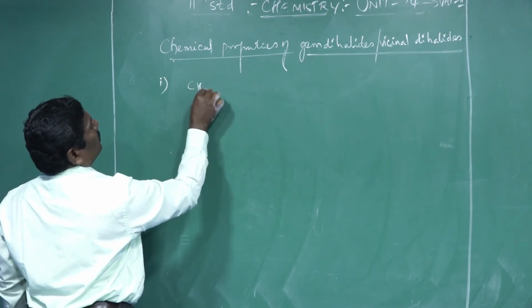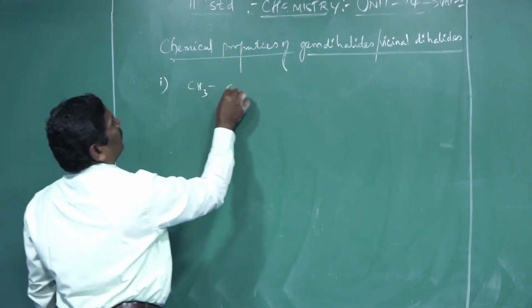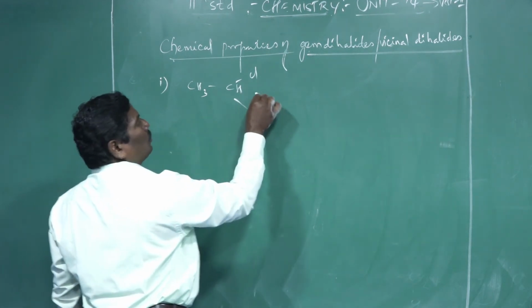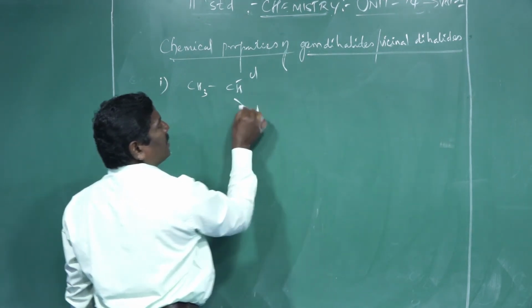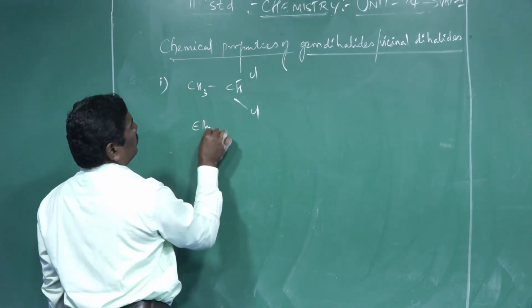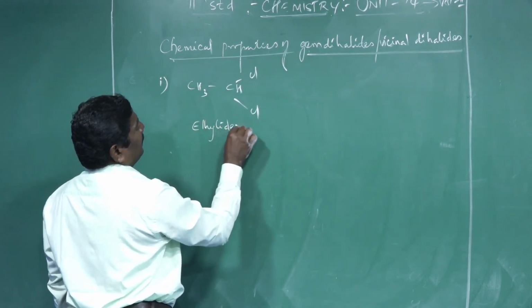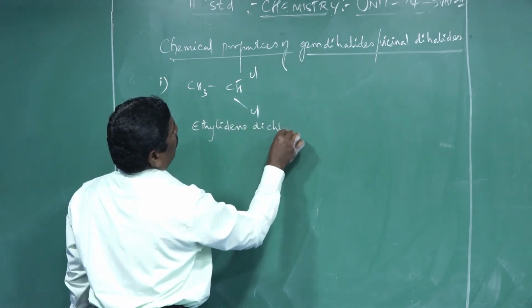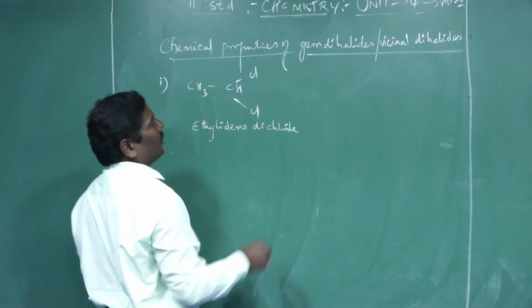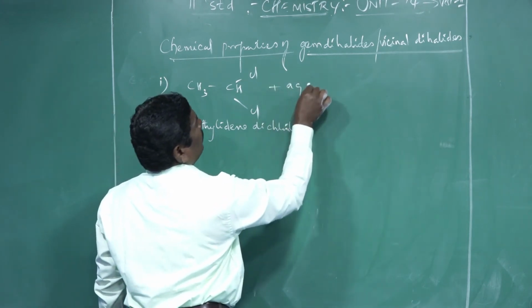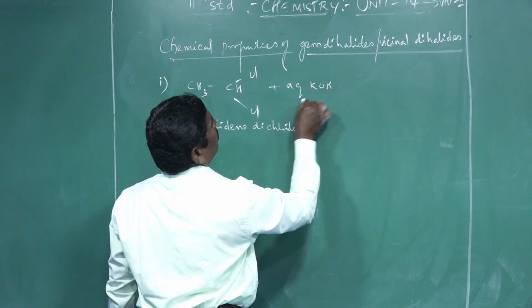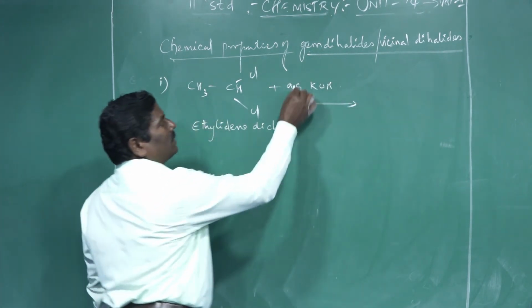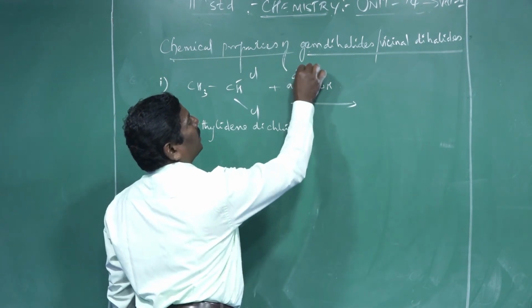Here you have to take the gem dihalide CH3CHCl2. This is the compound ethylidene dichloride, and it is treated with aqueous KOH. Aqueous means this is dilute in nature.